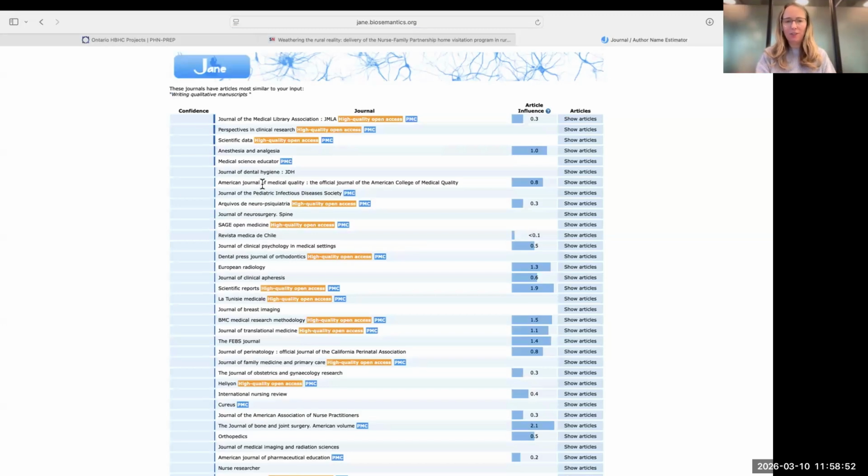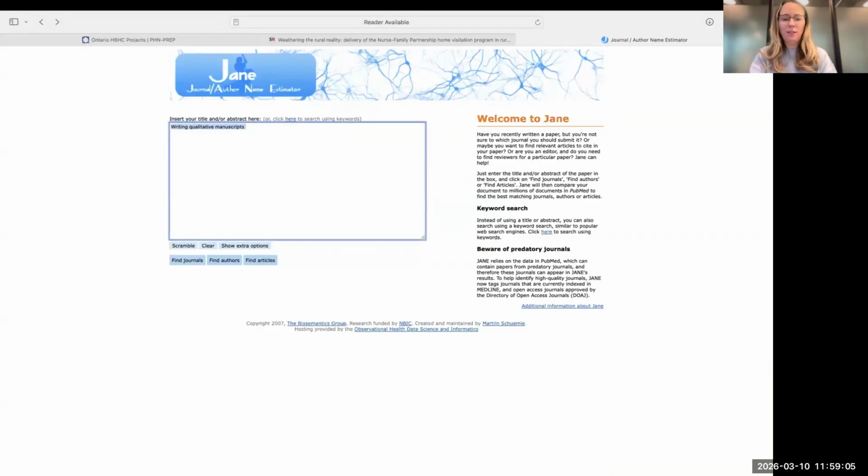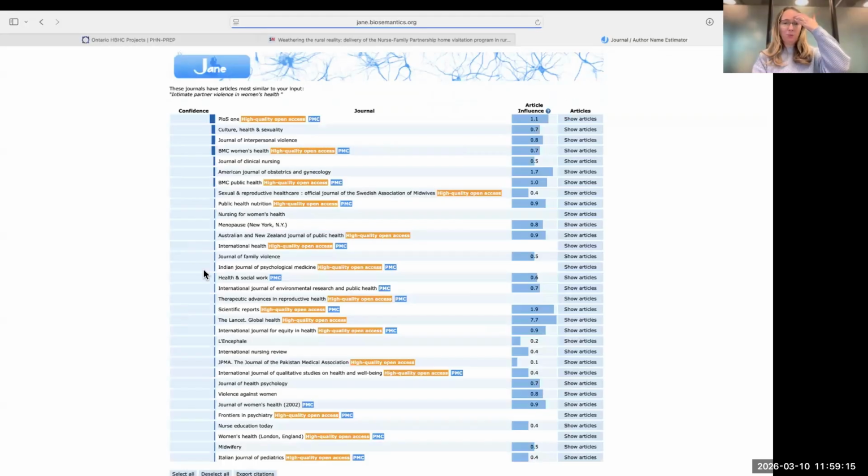Clearly dental hygiene is probably not the ideal place for this, and it's low confidence because I didn't have a very clear title. But if I had intimate partner violence in women's health, it should give me much better results.